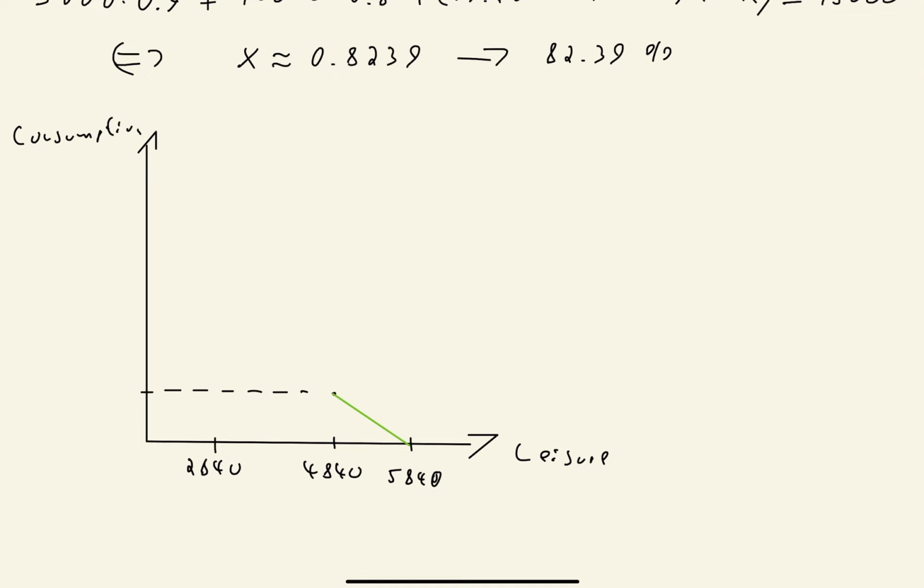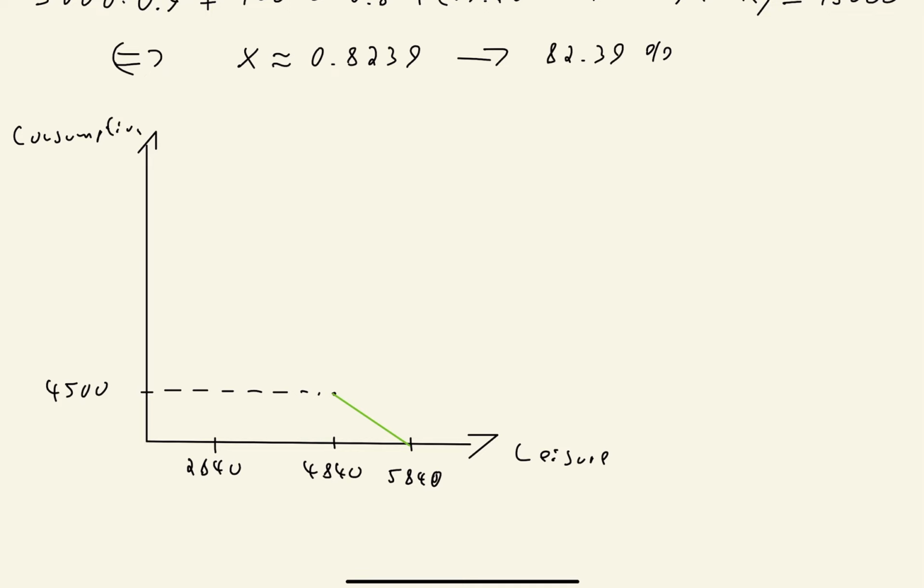If we work for 1,000 hours, we get a gross income of $5,000. And this will be taxed with 10%. Hence, we can consume a maximum of $4,500 if we work for 1,000 hours.